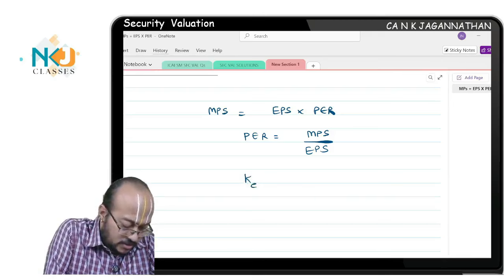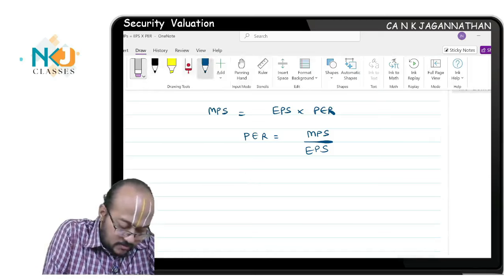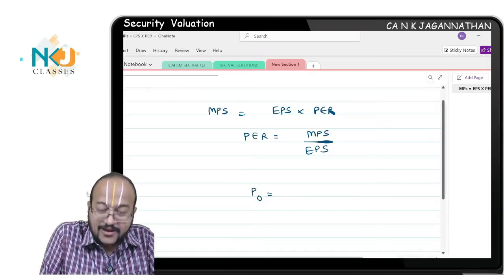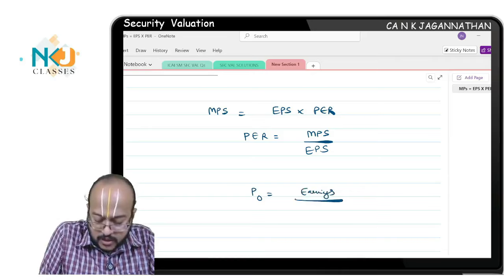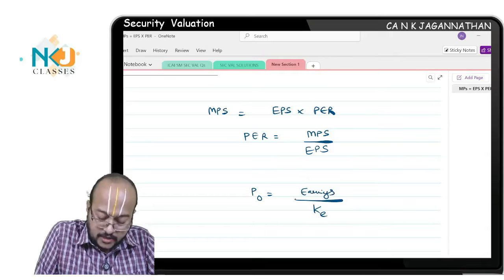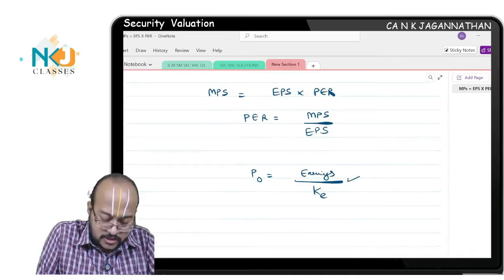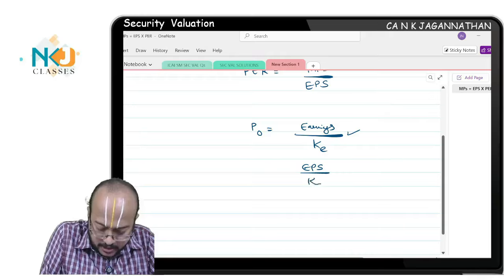See, I will tell you what is the value of the share. P0, value of the share, under the constant earnings model, if I use it, what will I get? Earnings divided by KE, I will get as P0. This is on a per share basis, nothing but EPS divided by KE.